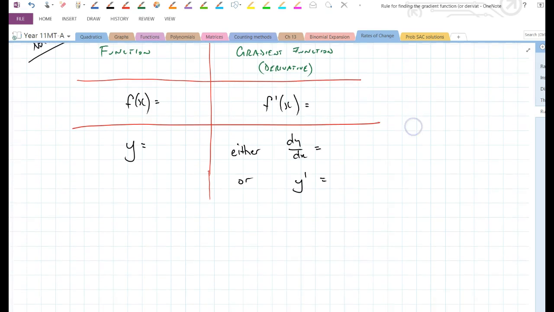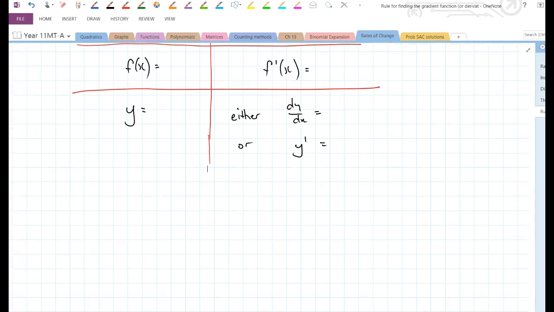Okay, so what's the rule for it? Well, we talked today about what happens, and let's put that more formally into a rule now, if you like. So if f of x is equal to some constant k by x to the power of n, then f dash x will equal kn by x to the n minus 1.